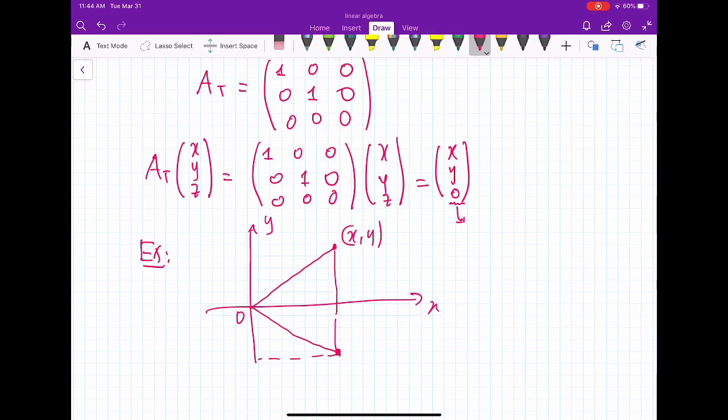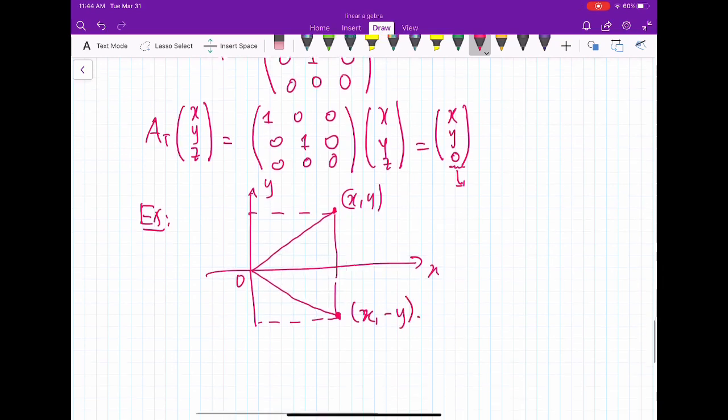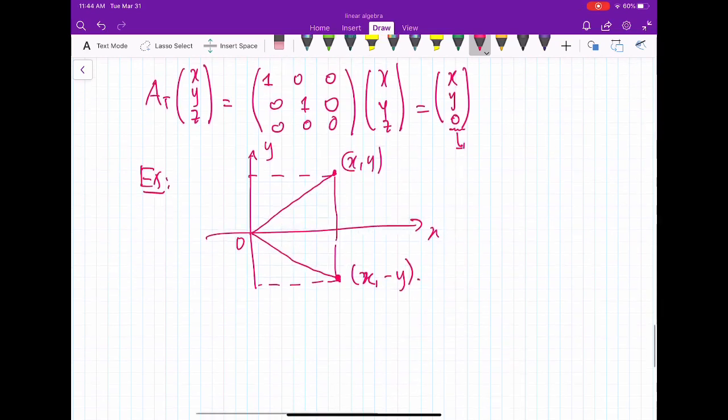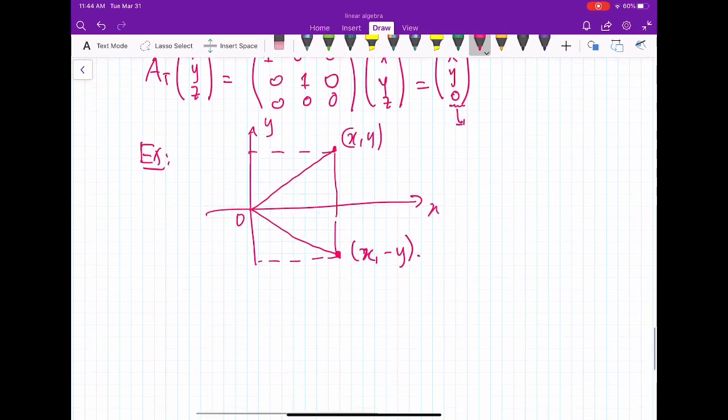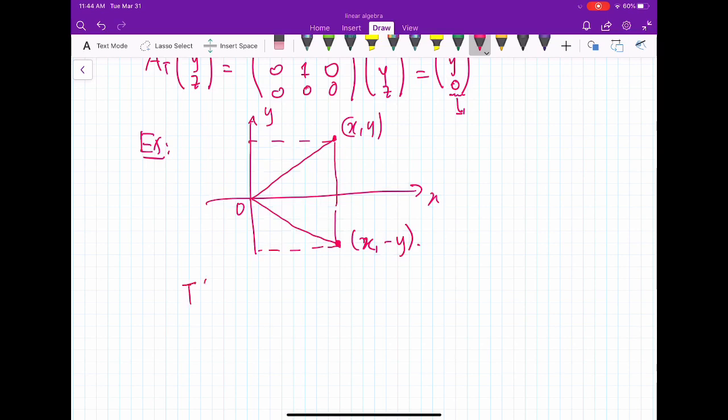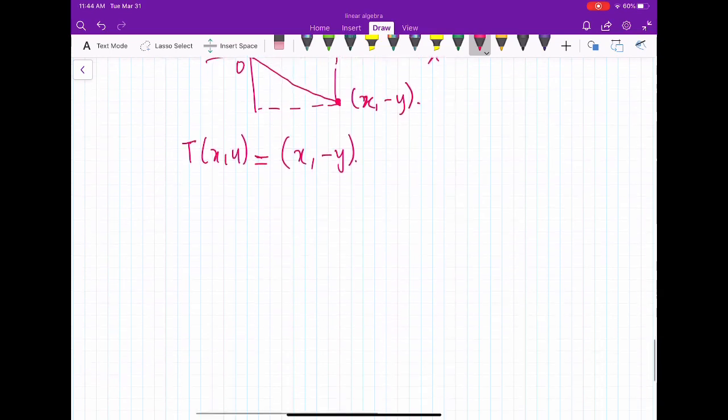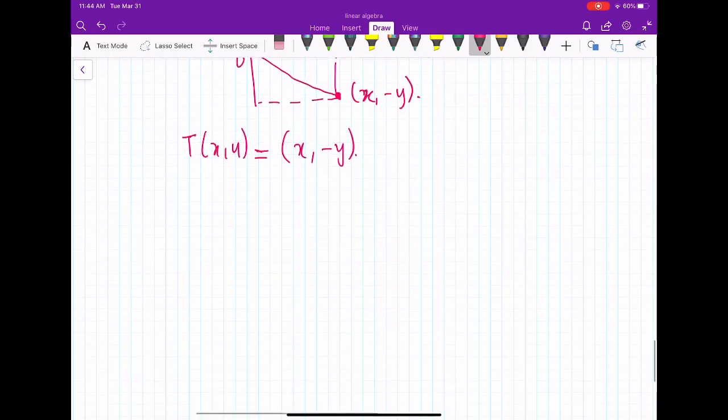So the new coordinate in this case is what? It is (x, negative y). How to find the matrix that realizes this transformation? So basically you have T(x, y) equal to (x, negative y). You want to find the matrix A_T, right? So you write A_T (x, y) equal to (x, negative y).